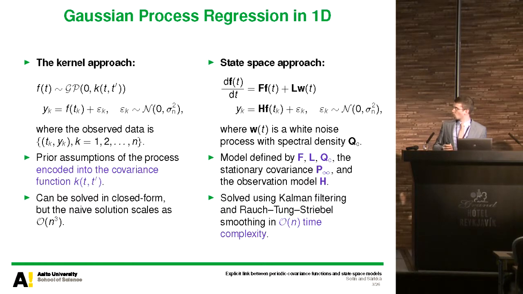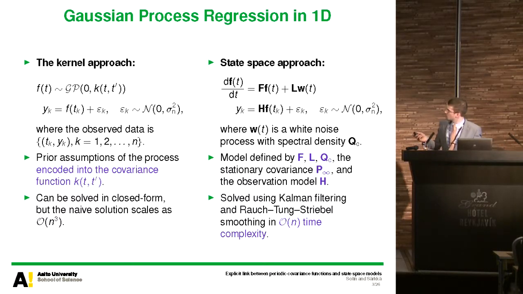So here, on one side, we have the kernel approach that's used in machine learning, and on the other side, we have a state space approach that's commonly used in signal processing or related fields. These both are quite mature subjects, but basically they're mature on their own, and the links between these are not used that often.